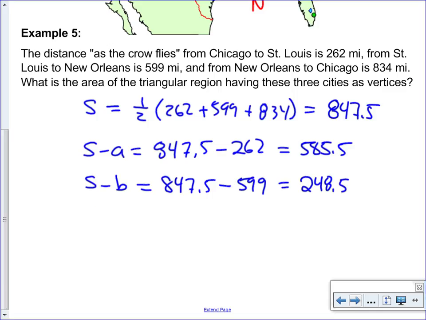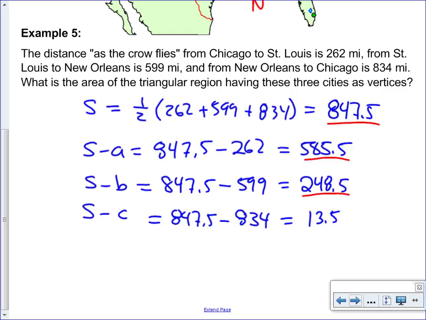Then you need the semi-perimeter minus C also: 847.5 minus 834 is 13.5.